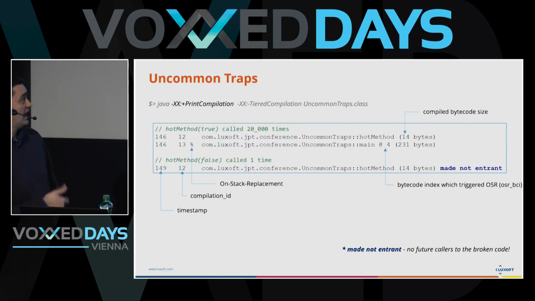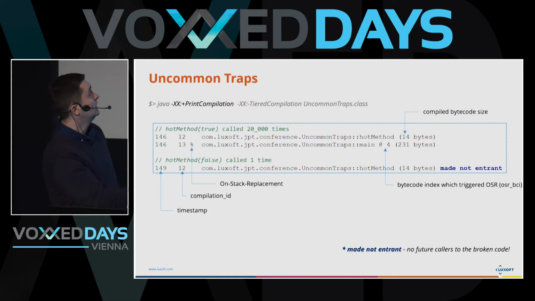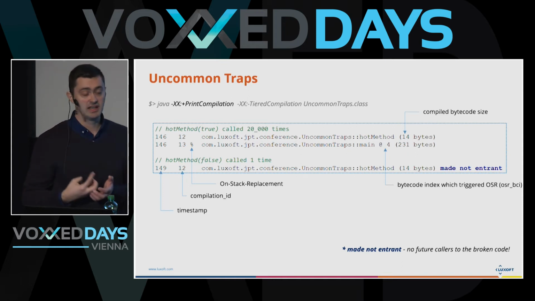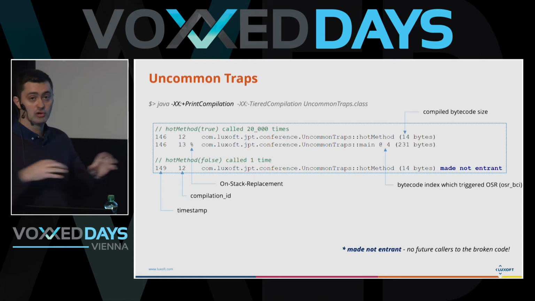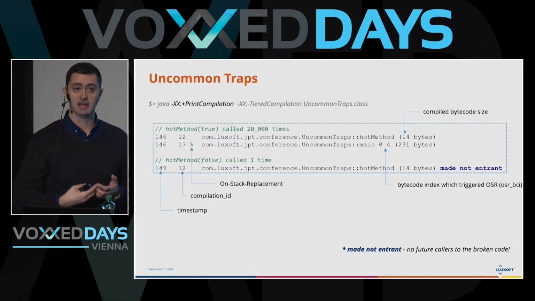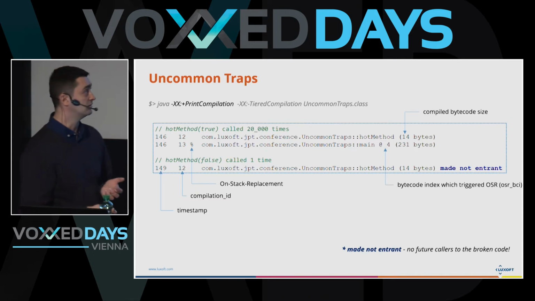Okay, so getting back to our scenario after this explanation, we can see that when we trigger the method with true, it became compiled. The hot method initially became compiled, and as well inlined, and because we have a long-running loop inside our main method, the main method itself was compiled, and this compilation was triggered from the on-stack replacement perspective.